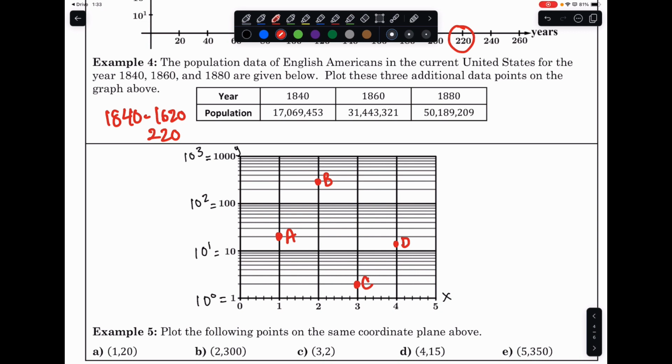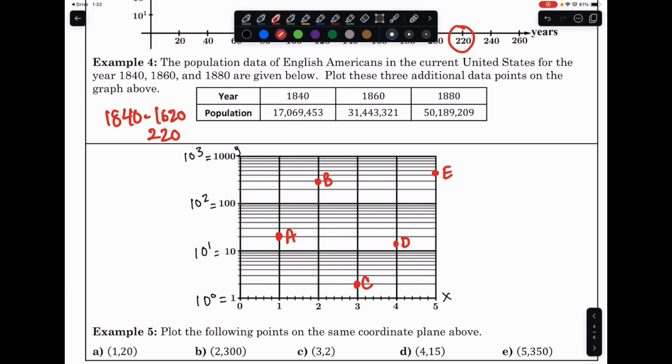Well, this is 100, 10 to the second power. This would be 200, and then this point right here would be 300. So 350 would be in the middle, right here in the middle between 300 and 400. So that would be right there. And that would be letter E.